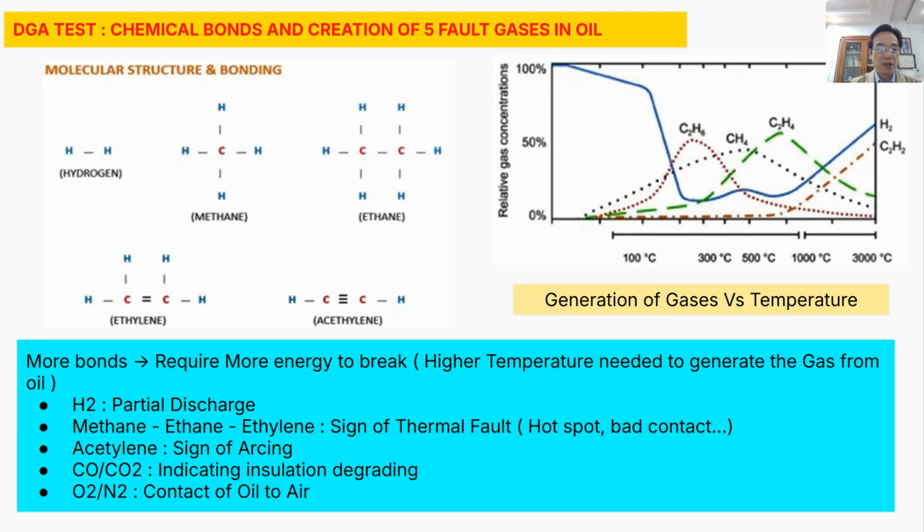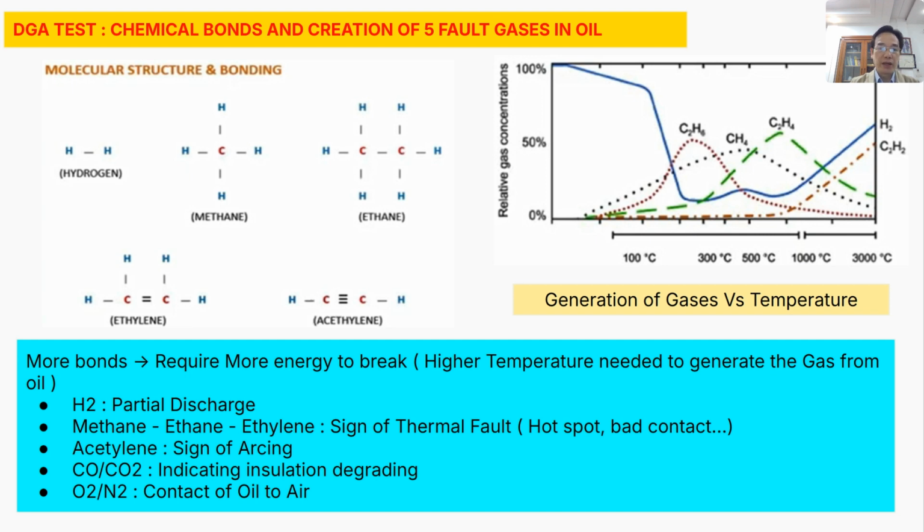The bonding between two carbon is stronger than the bonding between carbon and hydrogen. So from hydrogen to methane, ethane, ethylene, and acetylene, we have stronger bonding between the atoms of the molecule.